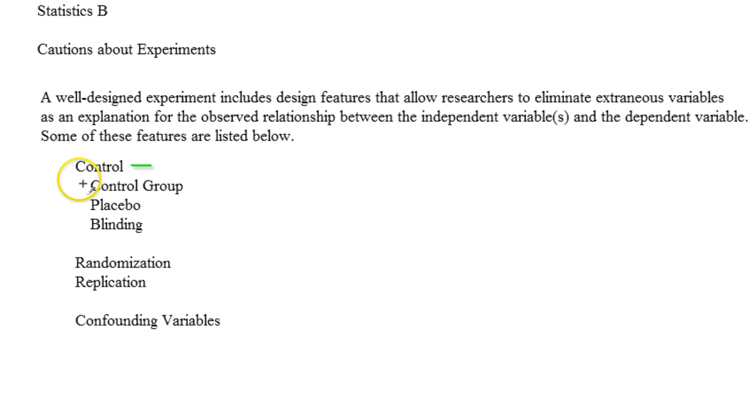Okay, so the first one we will deal with is control group. A control group is a baseline group that receives no treatment, or they actually receive a neutral treatment, or in other words, they receive a placebo. To assess treatment effects, the experimenter compares results in treatment groups to results in the control group.